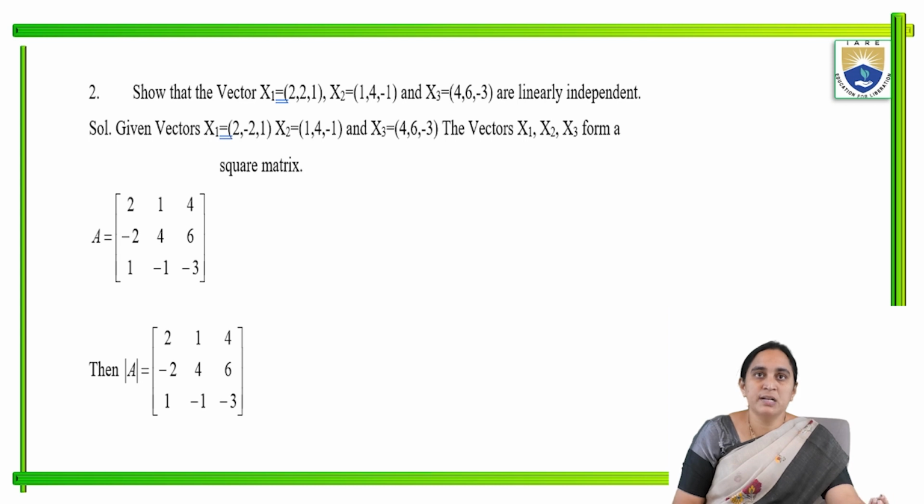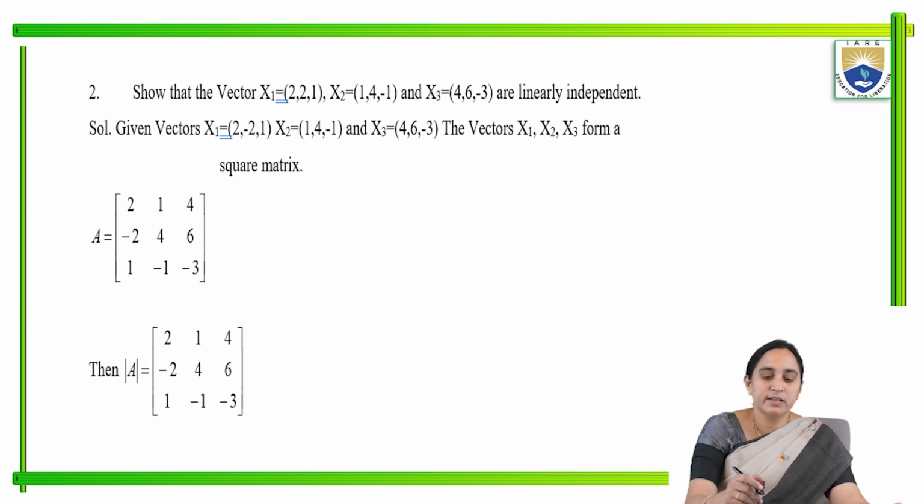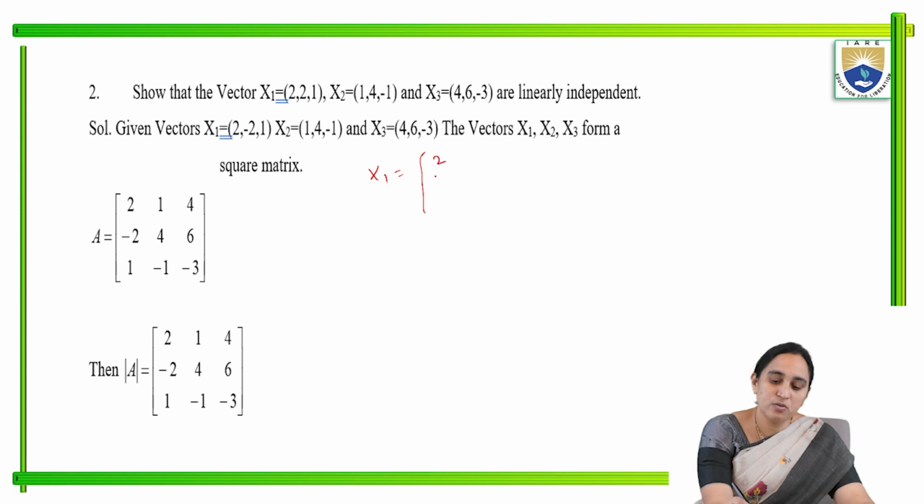First we write the given vectors as column-wise matrices: x1 is the first column matrix (2, -2, 1), x2 = (1, 4, -1), and x3 = (4, 6, -3).